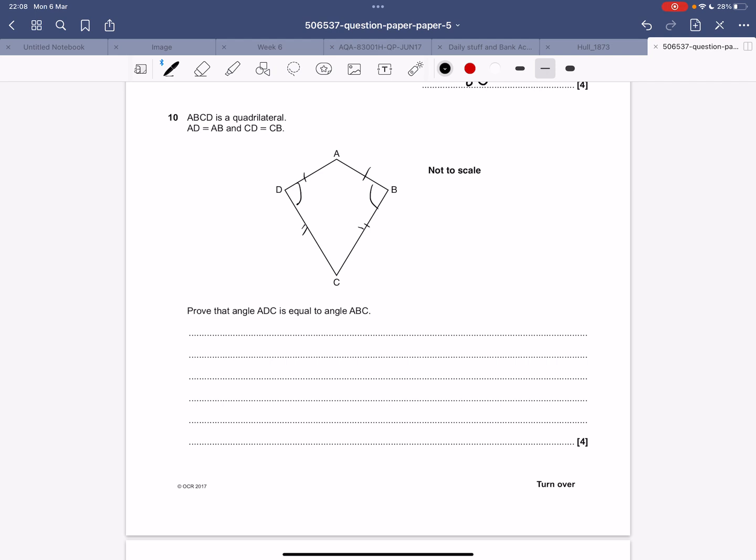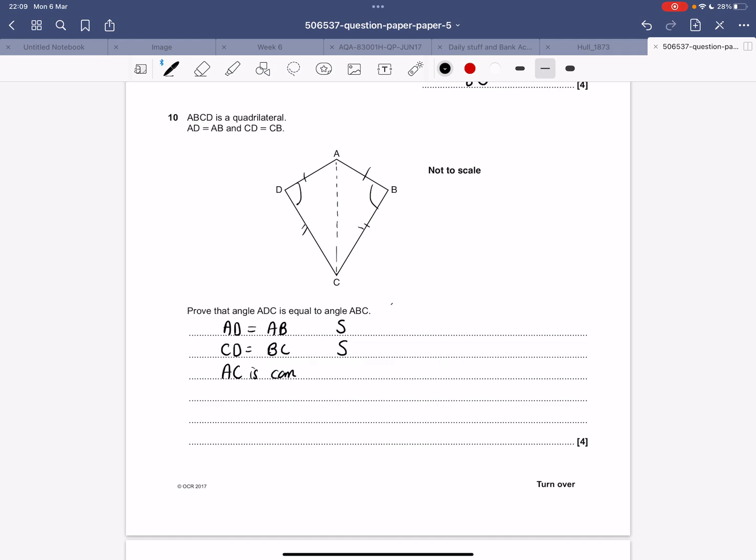So what we do is we split it into the two triangles here. AD equals AB, so that's sides the same. CD is equal to BC, that's another side the same, and AC is common to both.